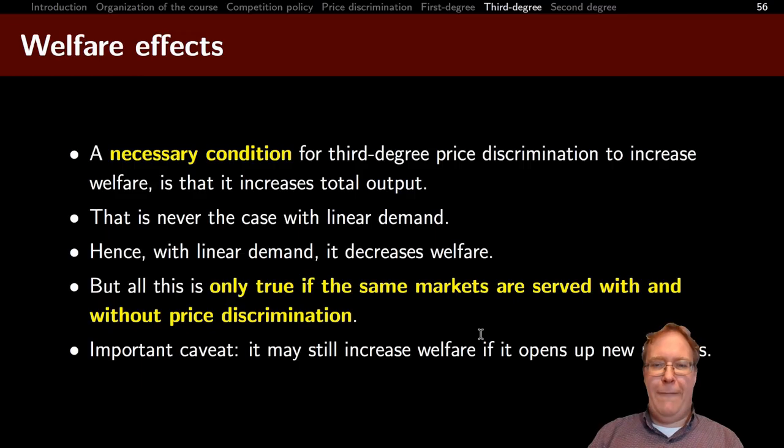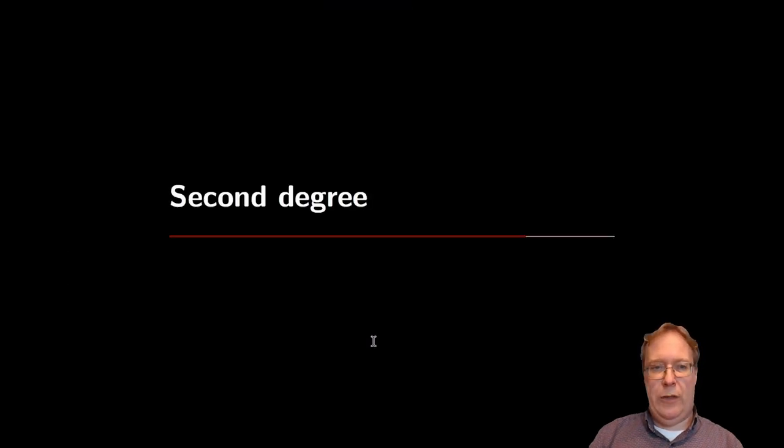So indeed, if without price discrimination, I would set a price so high that senior citizens would not travel, then if price discrimination results in senior citizens also taking the bus, then in that case, but only in that case, third degree price discrimination increases welfare.